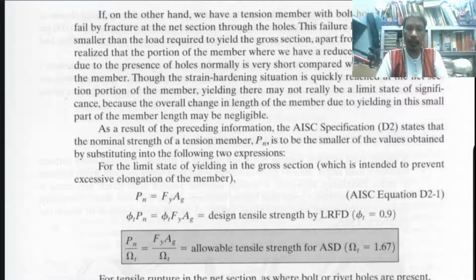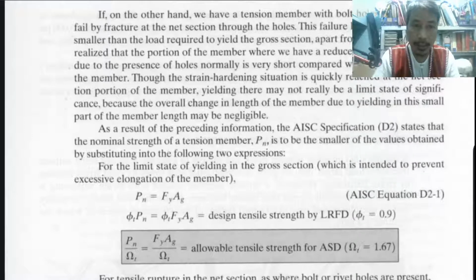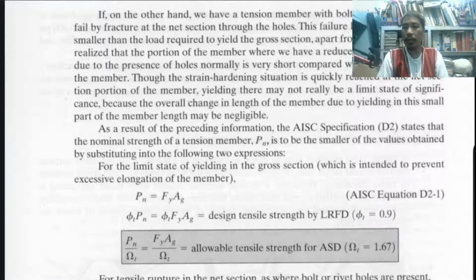Okay. So very important thing, we have tension members with bolt holes. Okay, connected one member to another using bolts. So therefore, those members must have bolt holes, and it can possibly fail by fracture along those holes, at the net section through the holes. What do we mean?